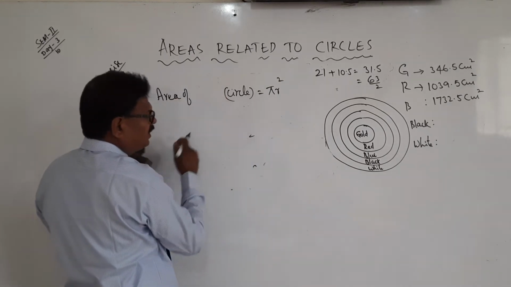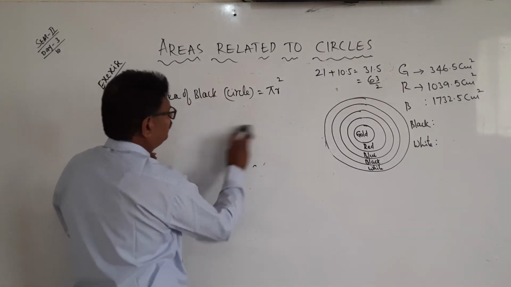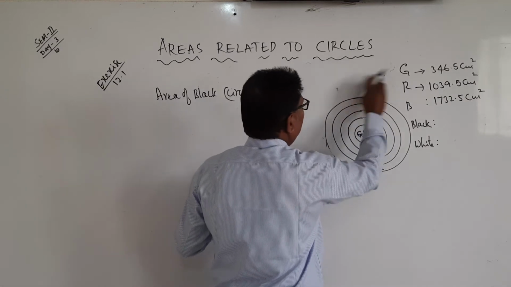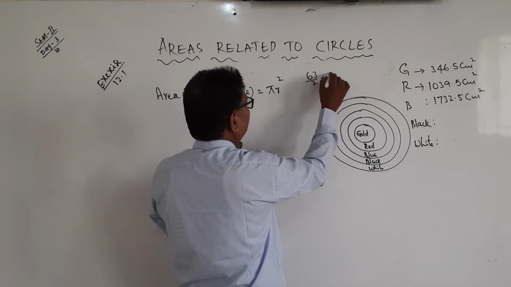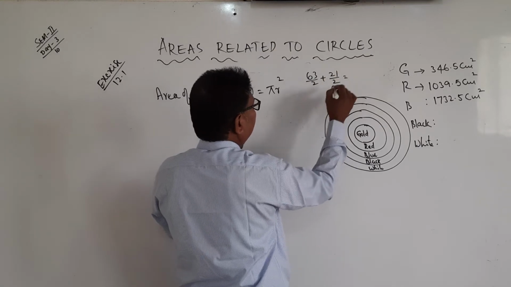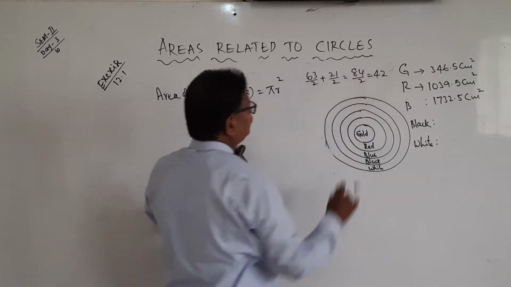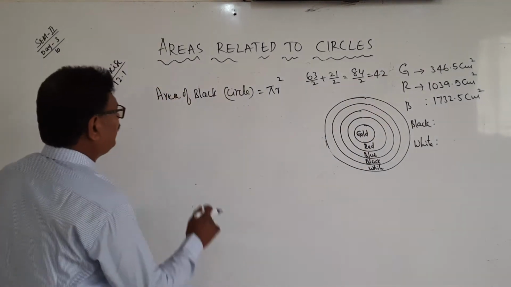Now which circle? Black circle. In that black circle, what happened? What is 63 by 2 plus 21 by 2? It is 84 by 2. It will become 42. Now very simple.